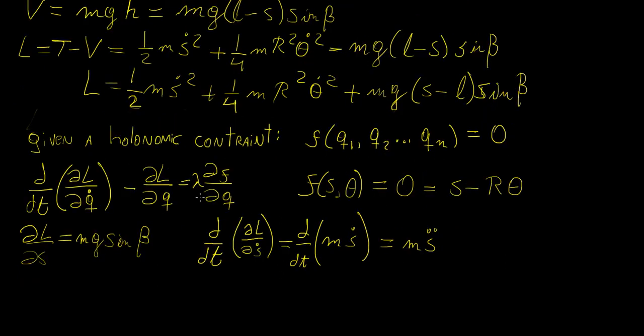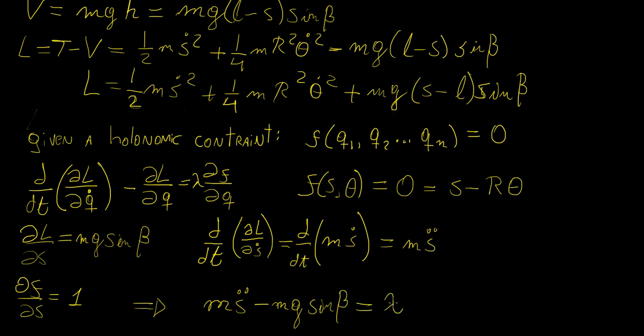We need to differentiate the constraint function as well, so the partial of f with respect to s is equal to 1. Putting all the stuff together, we get m s double dot minus mg sine beta equals some constant, the Lagrange multiplier, times 1. This is going to be the first equation of motion.